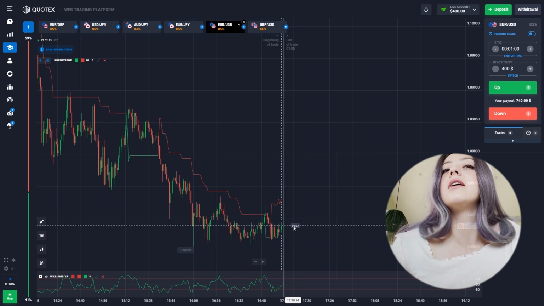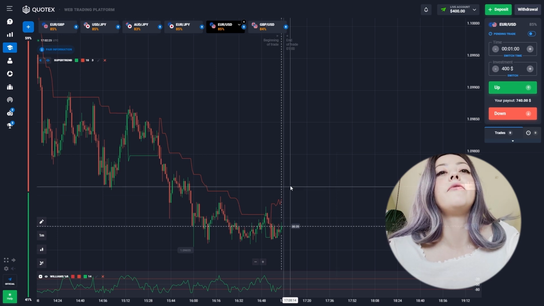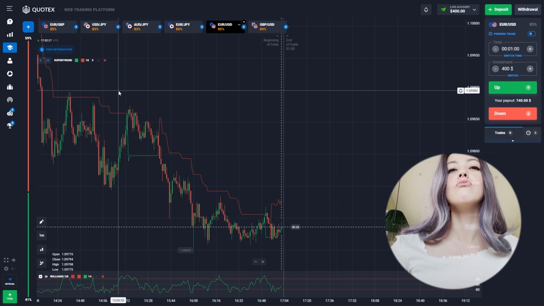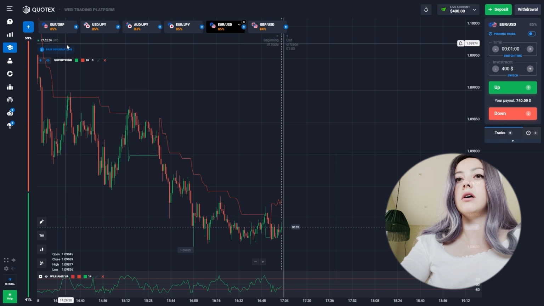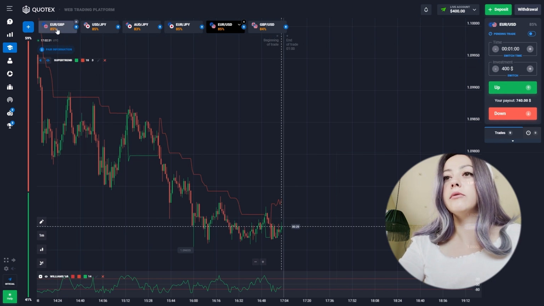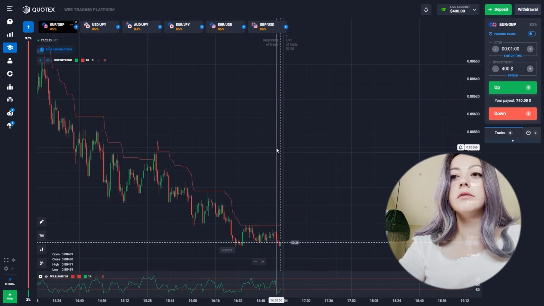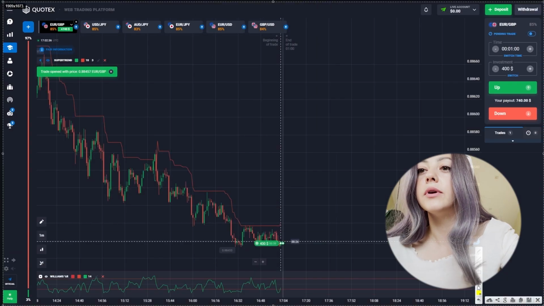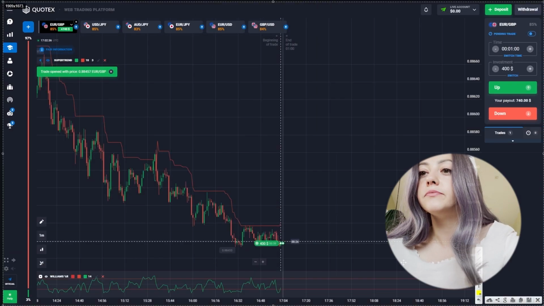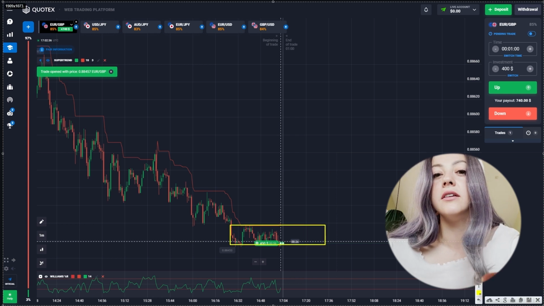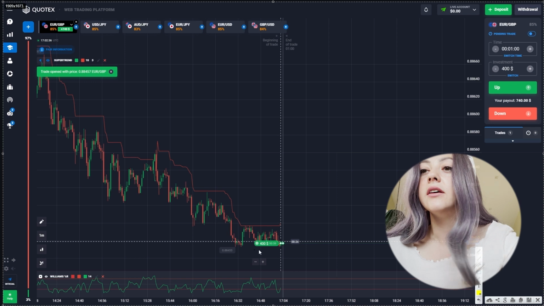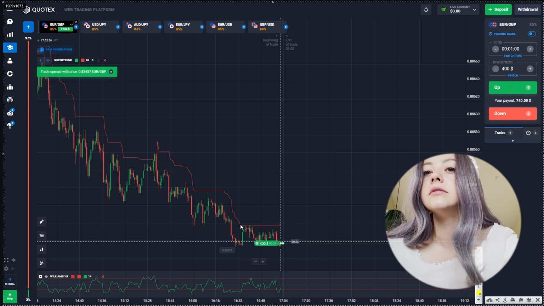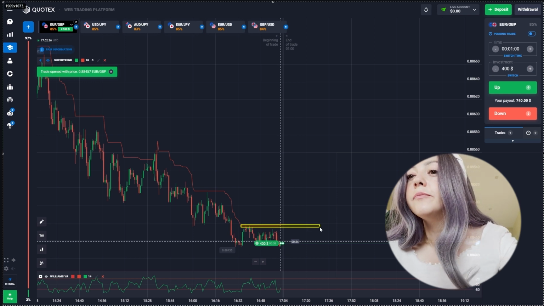So let's go straight to the first currency pair. Okay, here I would like to enter the uptrend, and then now this part. What we can see is that there's consolidation. Each consolidation has the support and resistance line, and this is our support and resistance line.